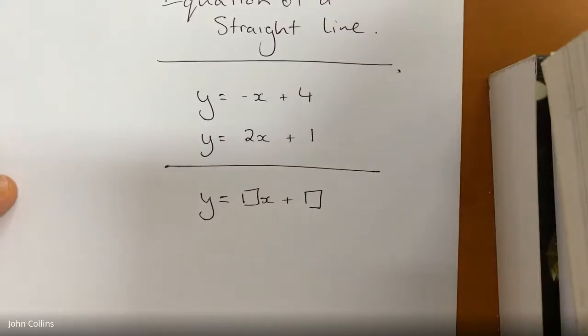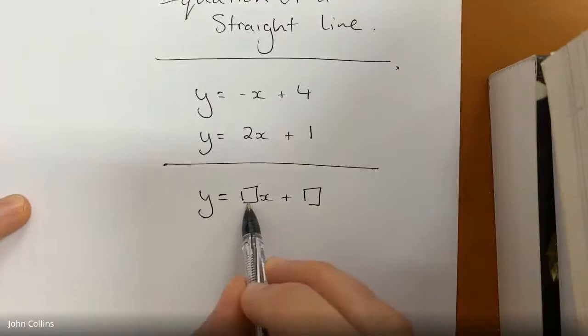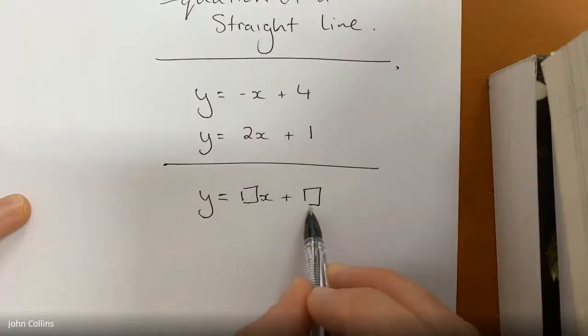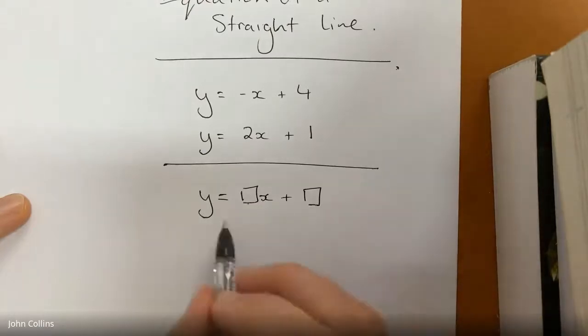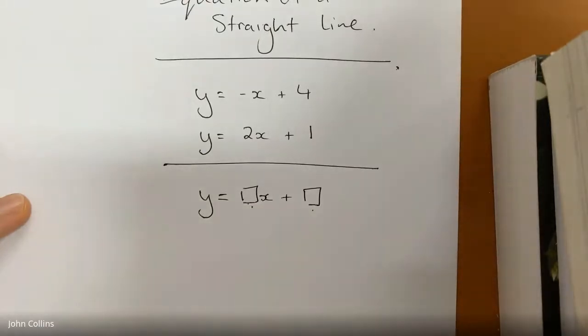And the answer to that is yes. These numbers are very useful and specific for helping us draw the lines and plot those points onto a coordinate diagram. All right, so these two are very important.